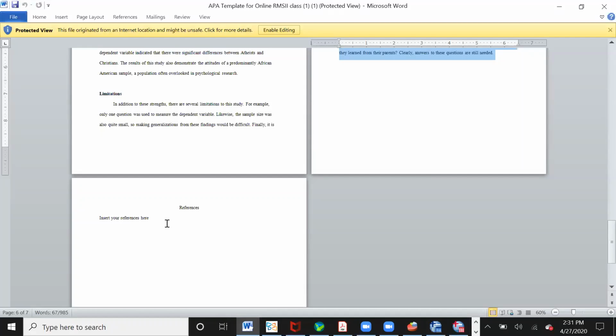Because I know the first sentence is supposed to talk about RMS 1's research. Are you, when you say prior research, are you referring to your RMS 1 paper? Yes.